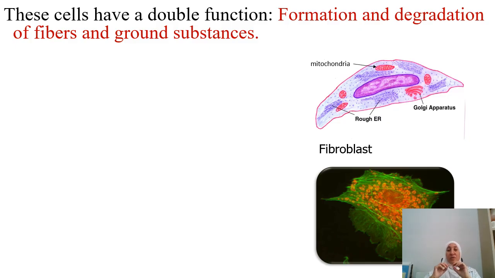This end will be rich in lysosomes, to degrade these aged fibers or ground substances, bring the raw content of these fibers as amino acids and use them again for formation. Thus, a cell can perform a recycling process.